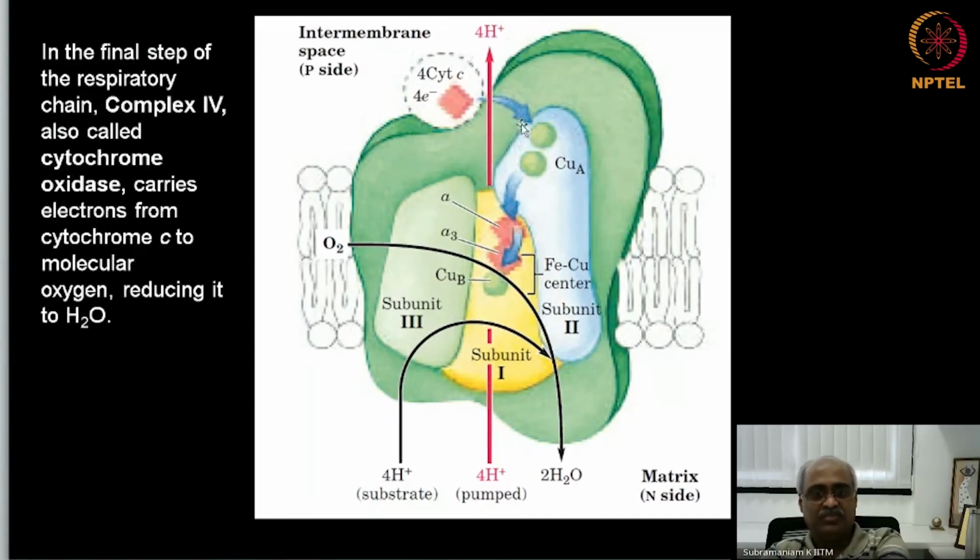So it flows to subunit 2, where the metal ion that is oxidized and reduced is copper, and to the copper center in subunit 1, and before that you have the heme groups A and A3.